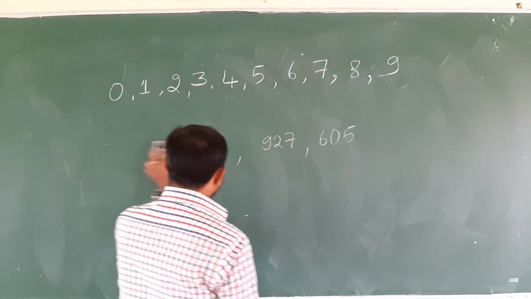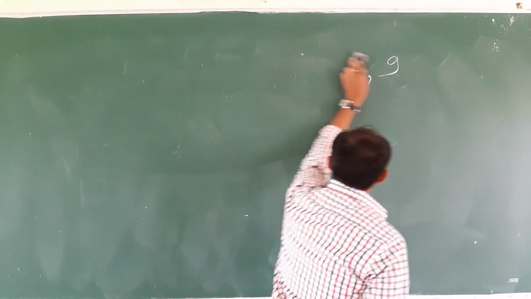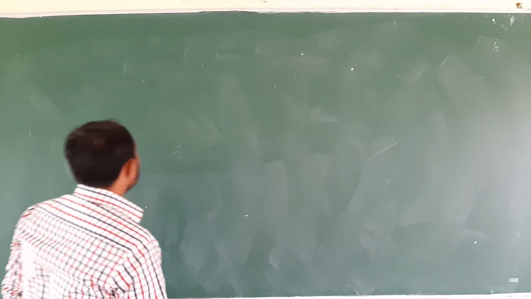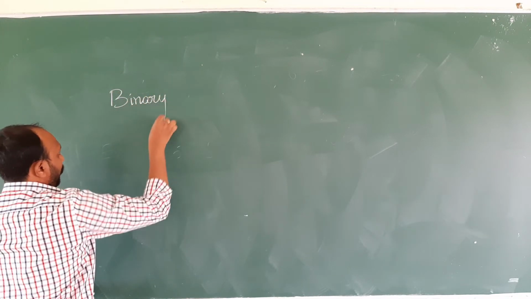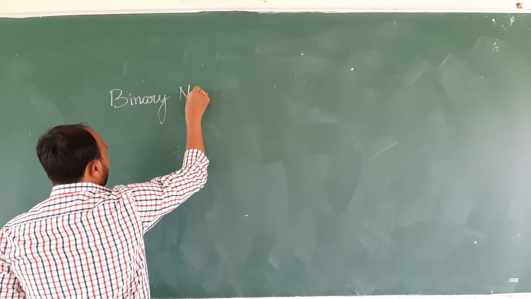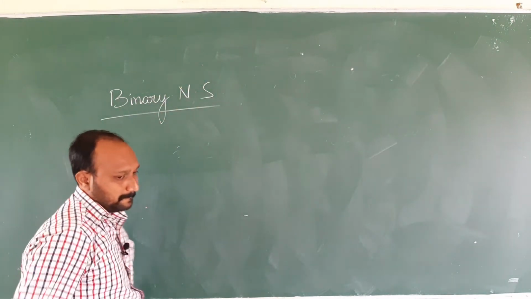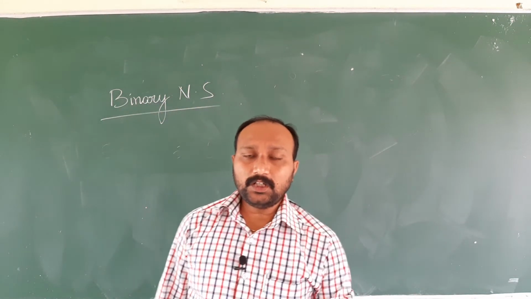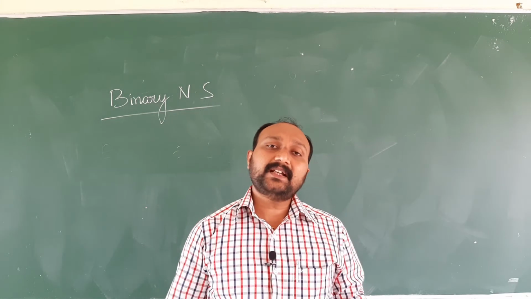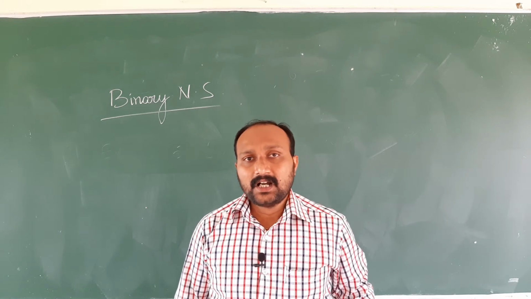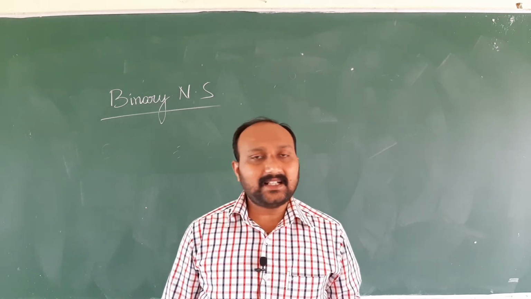Next, the second number system is binary number system. This is very, very important. What do you mean by binary number system? Computer can work with different types of data, but computer can understand only 0 and 1. Apart from that, it can't understand any other thing.